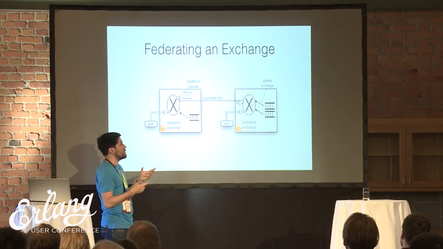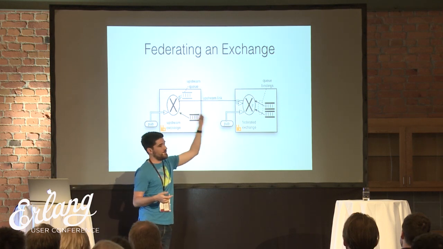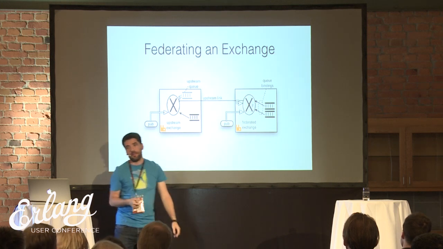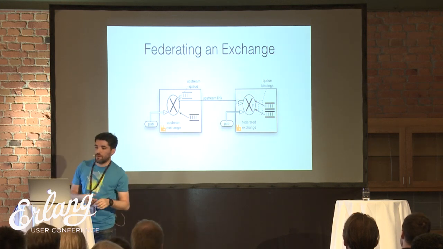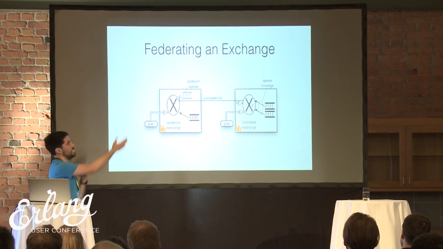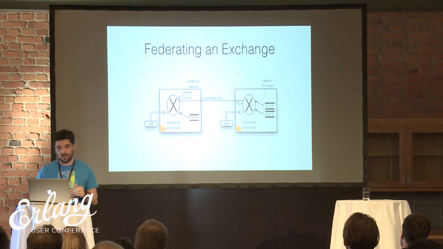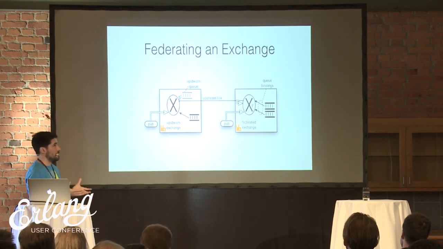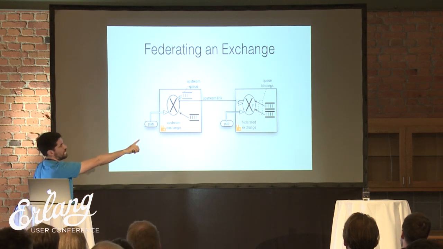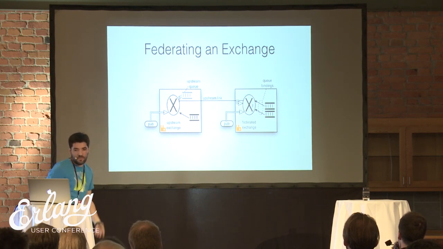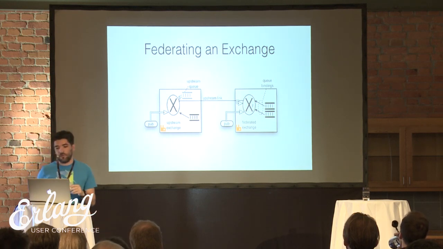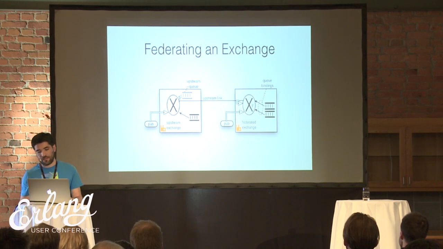Depending on the configuration is how it will ship messages to the other server. It will try to wait for a confirmation from the remote server before it deletes the message from there, or it just sends the message. There are many options there. But basically, when you enable Federation, you will get this link between the brokers with some things that the Federation plugin will do automatically for you.